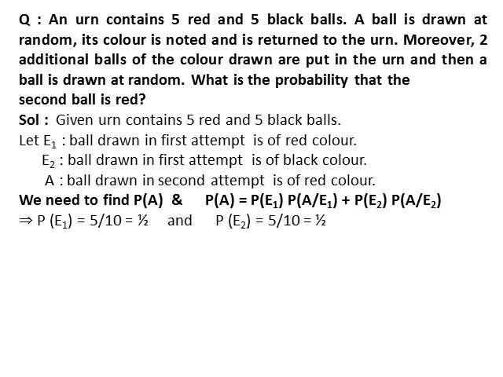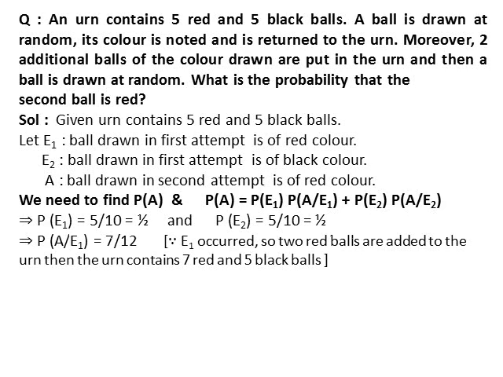Now, P(E1) equals 5 by 10, which equals 1 by 2, because the urn contains a total of 10 balls, out of which 5 are red. Similarly, P(E2) is 5 by 10, which equals 1 by 2.